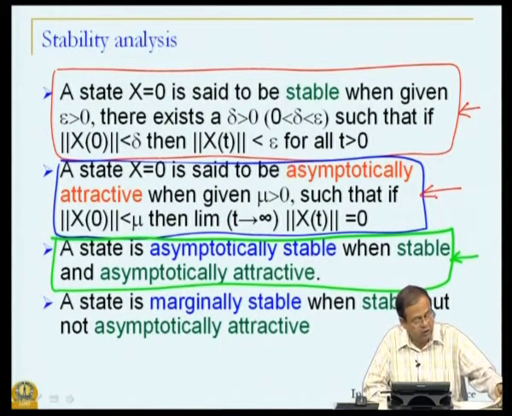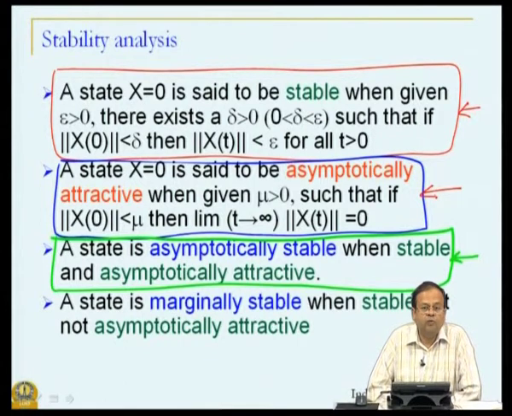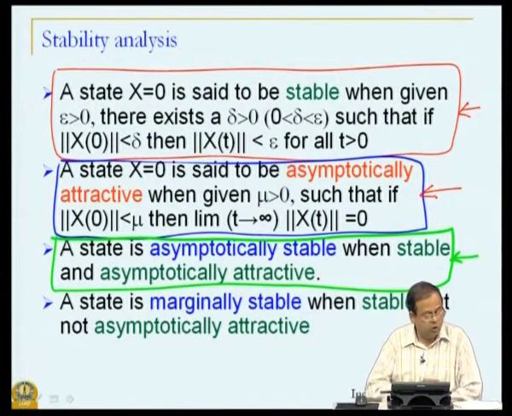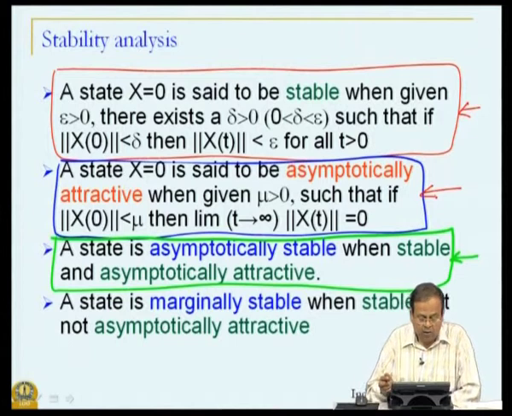So, that is how we define asymptotically stable. So, when we are talking about the stability of a steady state or otherwise, we are looking at asymptotically stable steady states. Of course, a system is said to be unstable when it is not stable. That is understood.